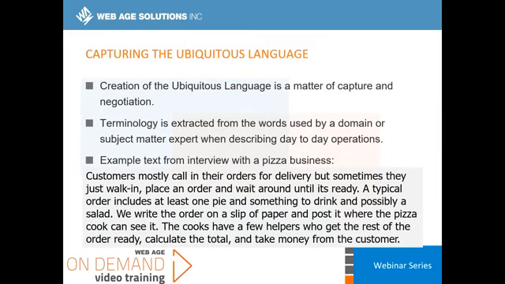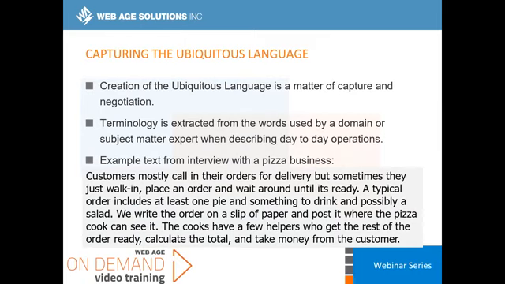But in those discussions, we highlight the terminology that's used by that domain or subject matter expert as they describe either the to-be day-to-day operations or the as-is day-to-day operations, depending on what we're trying to develop based on our business needs. And so we have a simple example of what we do with a pizza business.